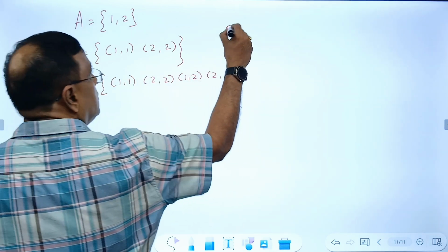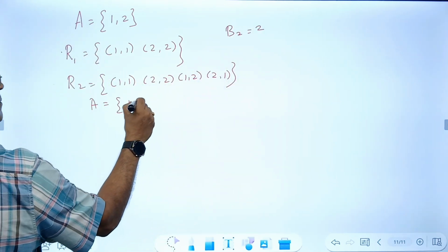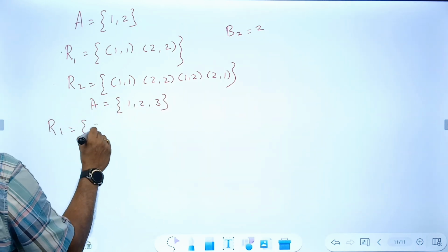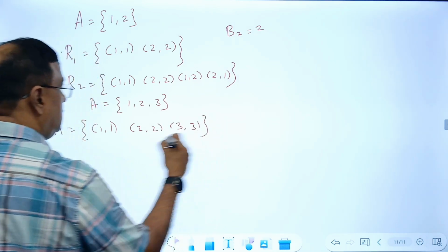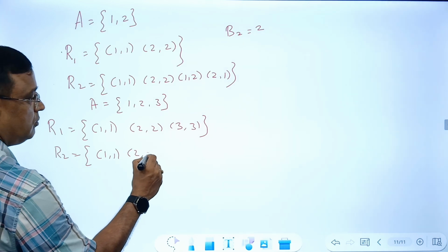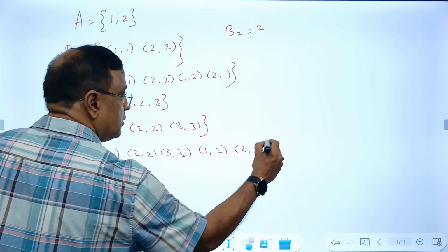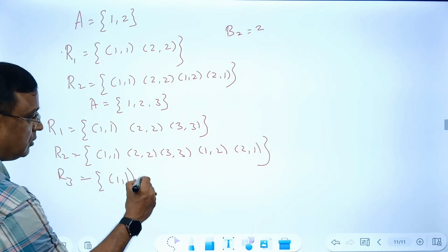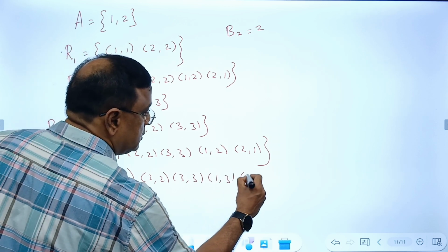Let us take A with 3 elements. R1 is (1,1), (2,2), (3,3). Then R2 is (1,1), (2,2), (3,3), (1,2), (2,1). R3 will be (1,1), (2,2), (3,3), (1,3), (3,1).